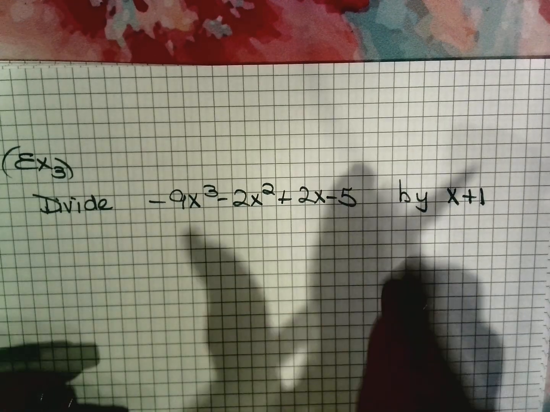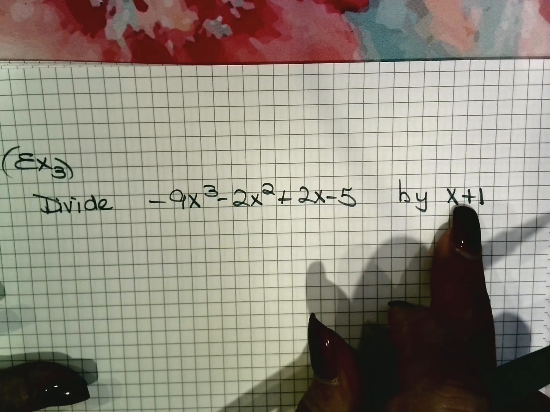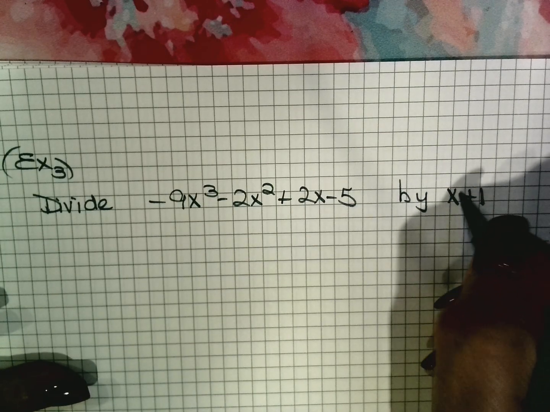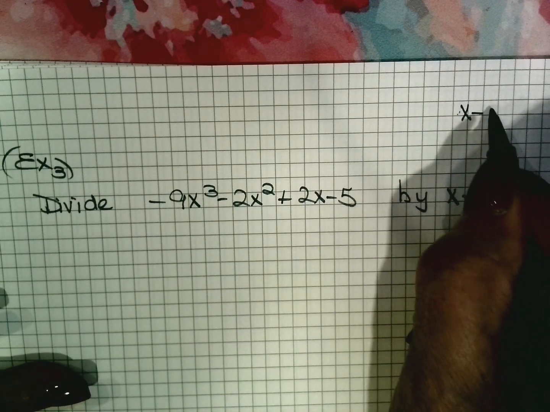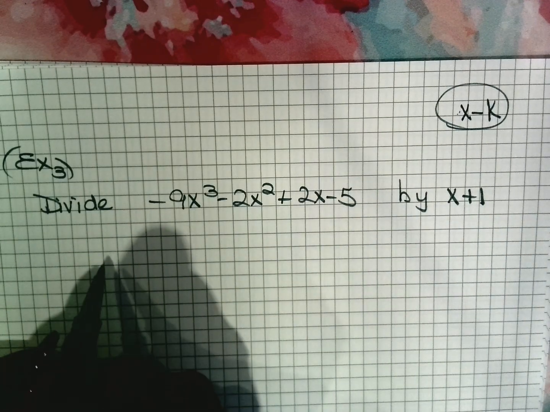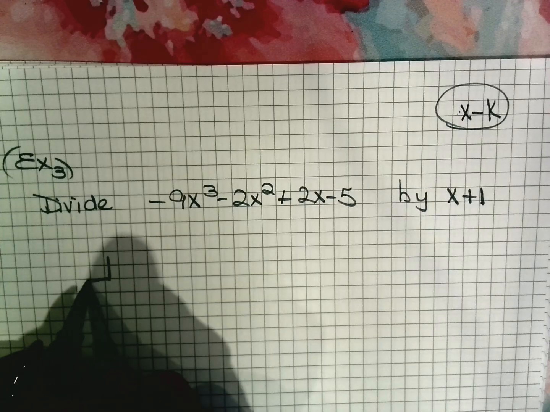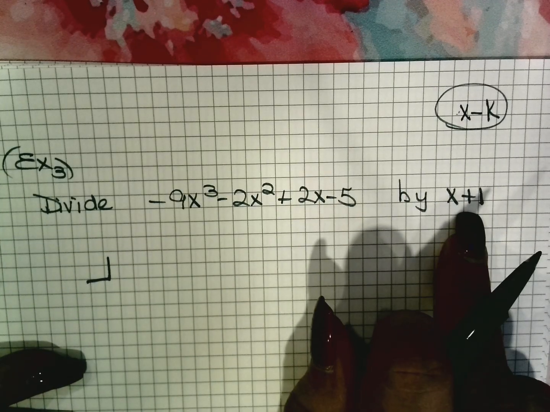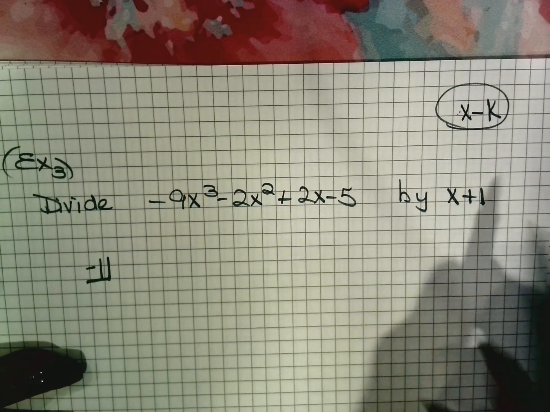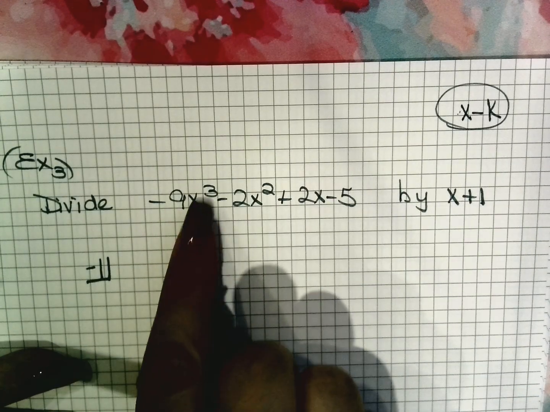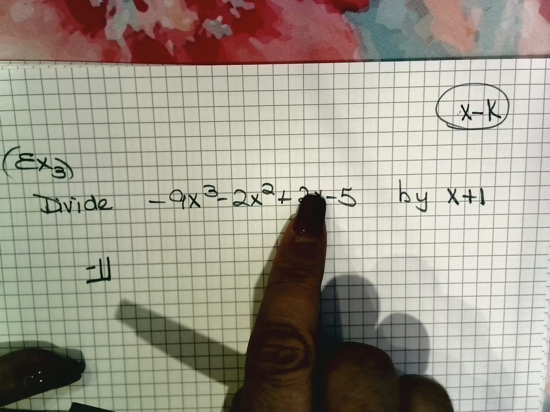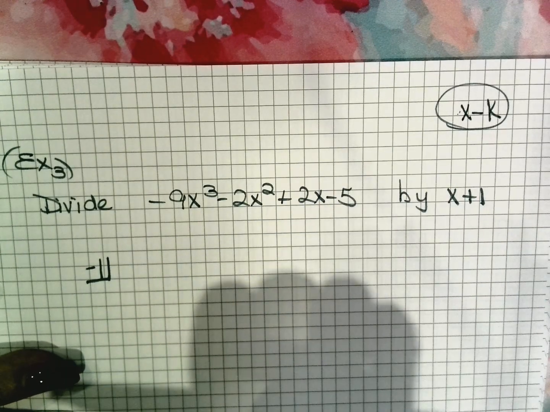Again, the few things that we need to check, that this is a binomial, which it is, and it's x to the first power. Remember, it has to be in that format. And that just means that when you put this in the little half square, you're going to take the opposite of whatever's in there. So in our case, we're going to put here a -1 because it's the opposite of a +1. The next thing you want to make sure of is that all your terms are here. 3, 2, 1, and this is x to the 0, so we're good.